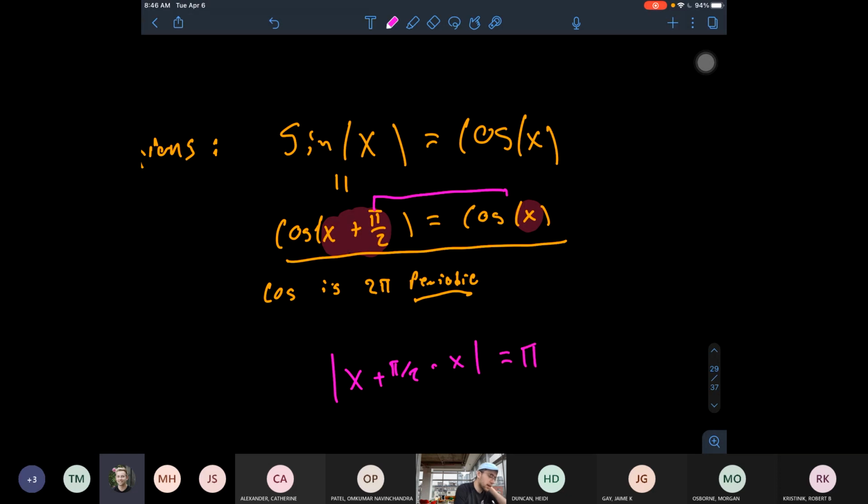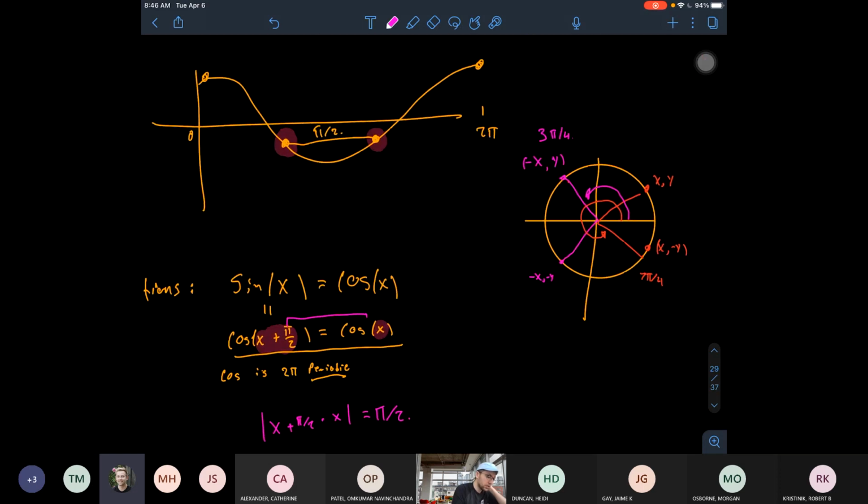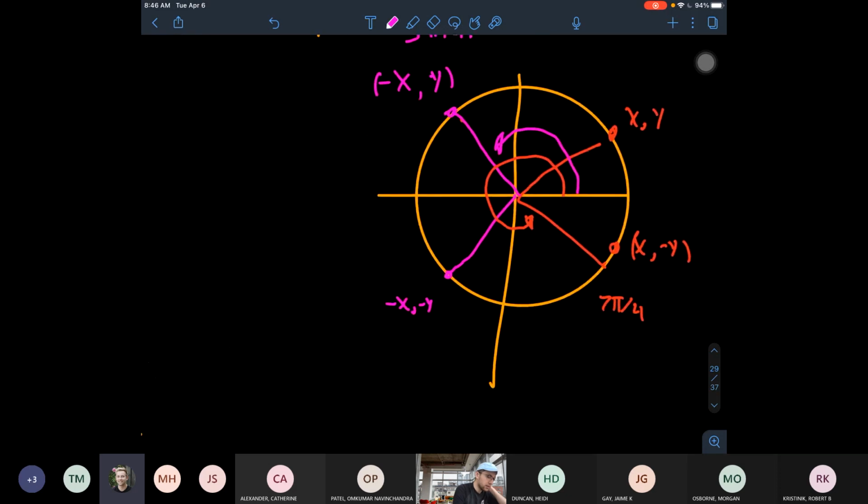You're going to get two angles which are pi over 2 units of measurement apart from one another, which is why I drew this right angle in here, and then I just spun it around until I found that the value of cosine would be equal for the 2 points which are given on the unit circle.